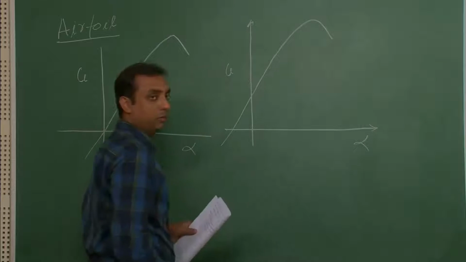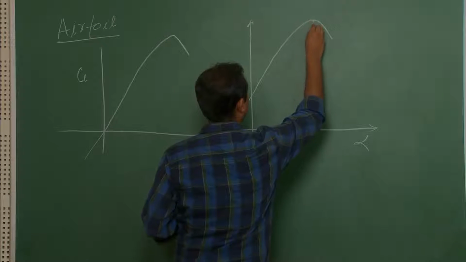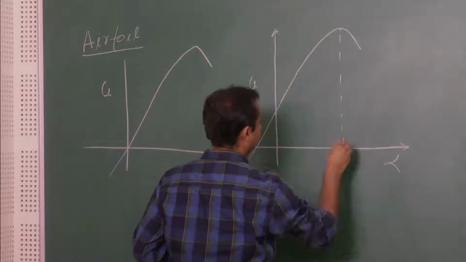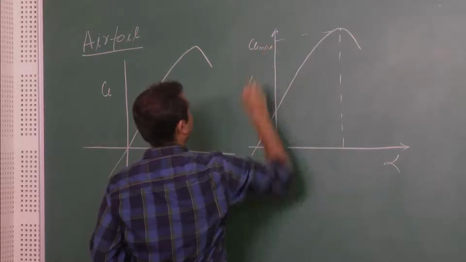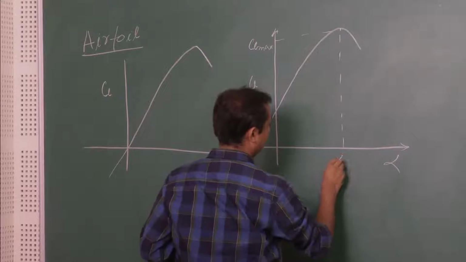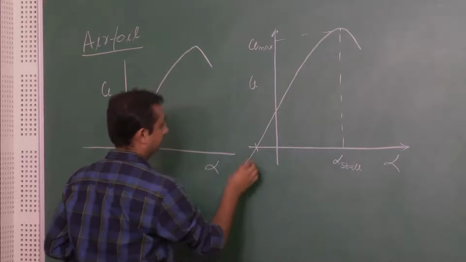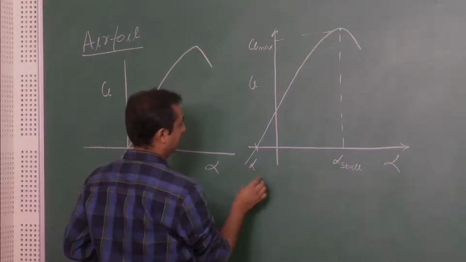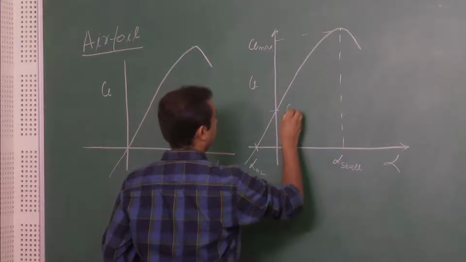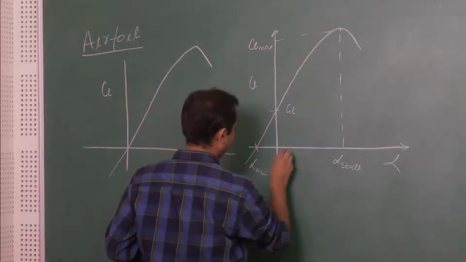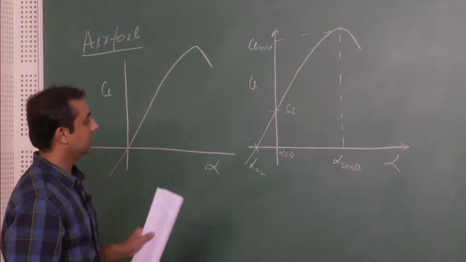And the information we get from this graph is your maximum value of CL, this is CL max, your stall angle alpha stall, your angle of attack at zero lift, and the value of CL at zero angle of attack. This is the information which you get from the CL versus alpha graph.